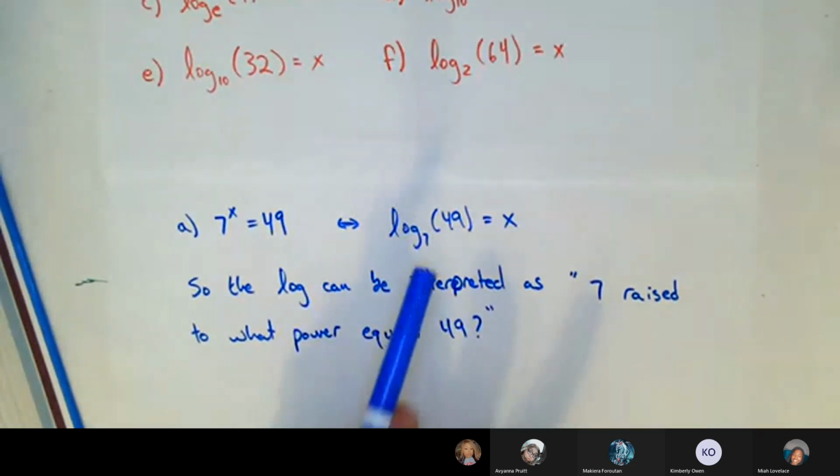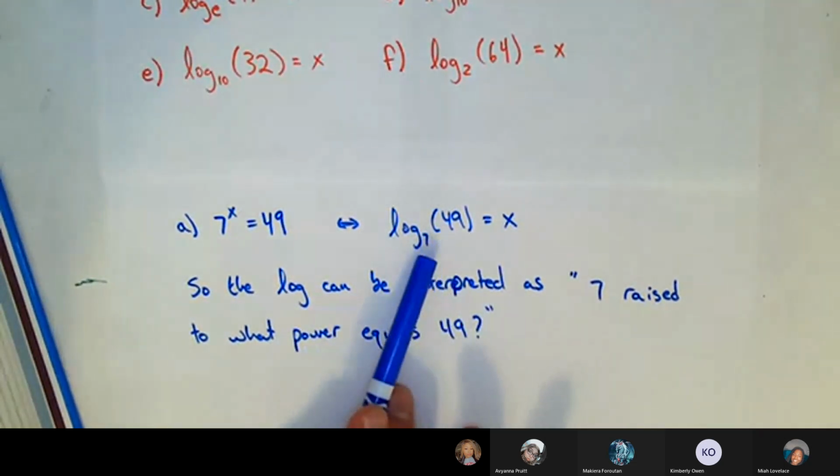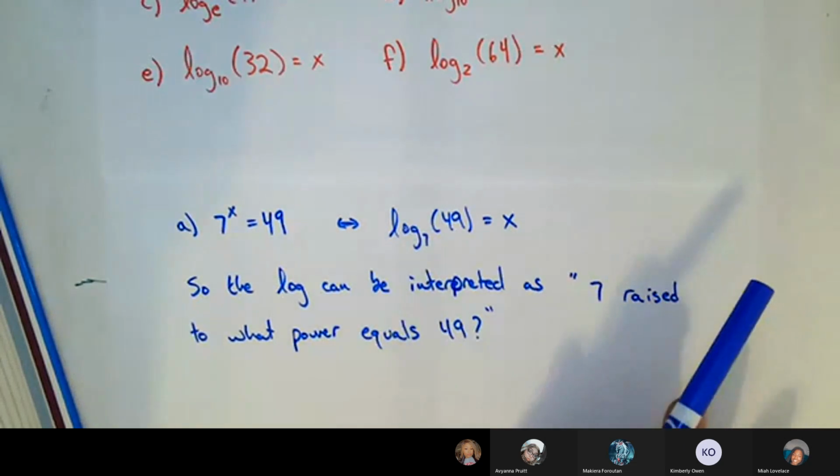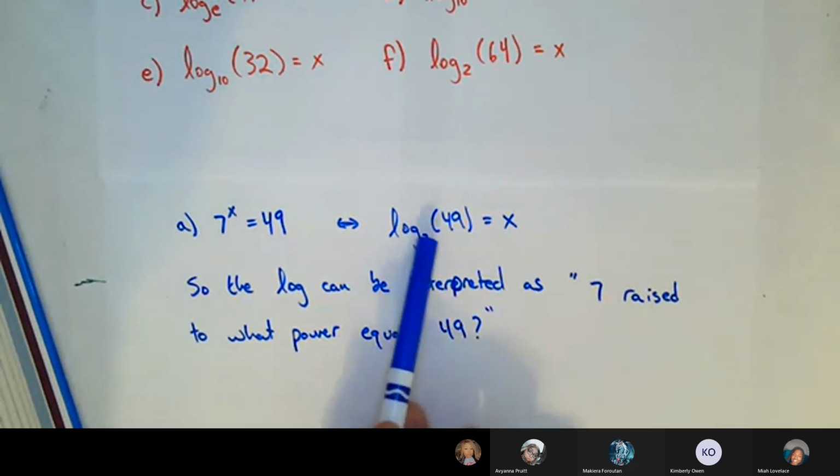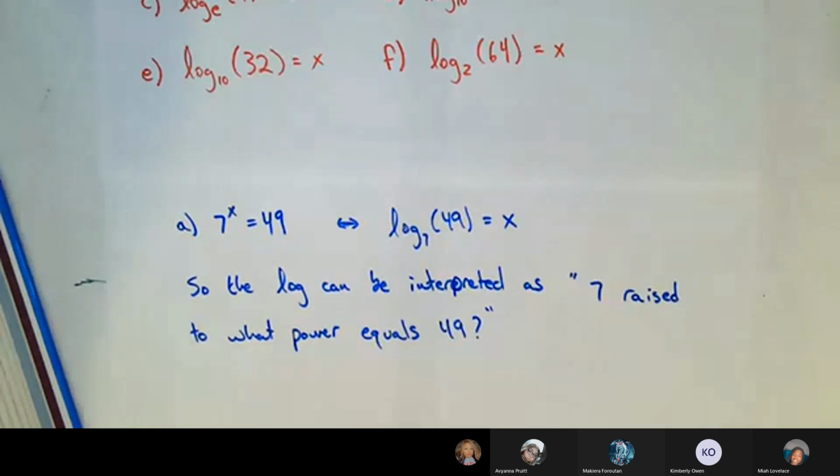When you plug this into the calculator, which we don't know how to do yet, you know you have a log button on your calculator, but there's more discussion to be had about how to deal with a base like 7 in this case. But once we figure out how to do that, what the calculator is going to figure out for you is 7 raised to what power equals 49?